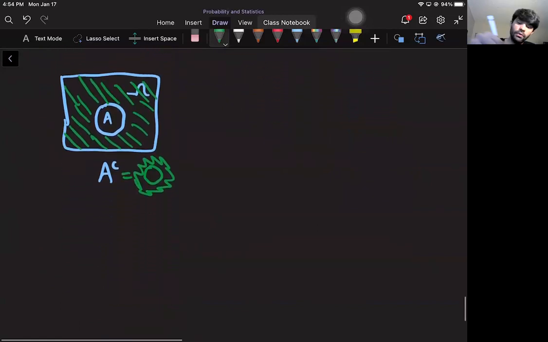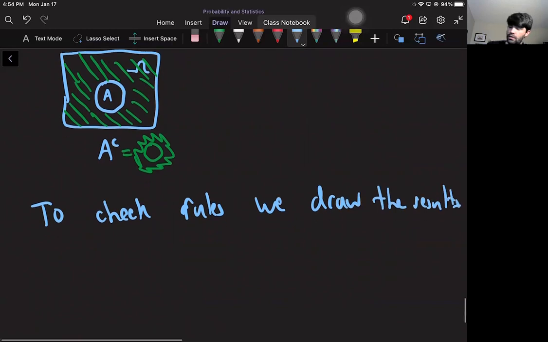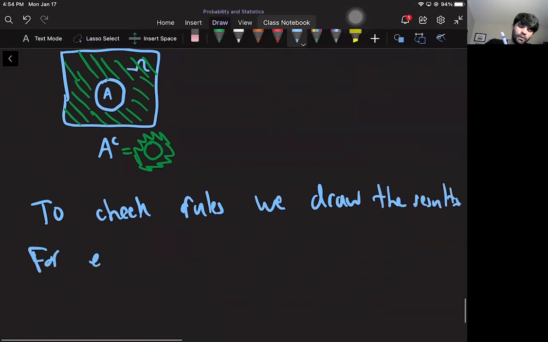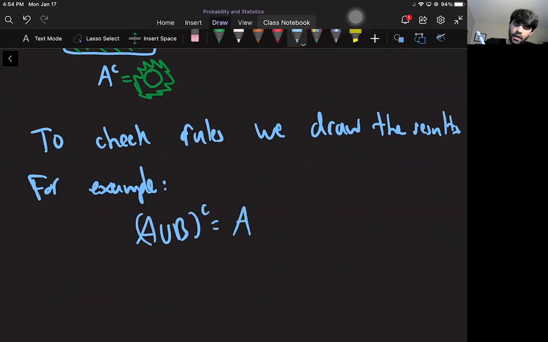So then to check the rules that I put up earlier, it's not really a big step from there. We just draw the situations. So for example, let's check this rule and see how it looks visually and see if it makes sense visually.